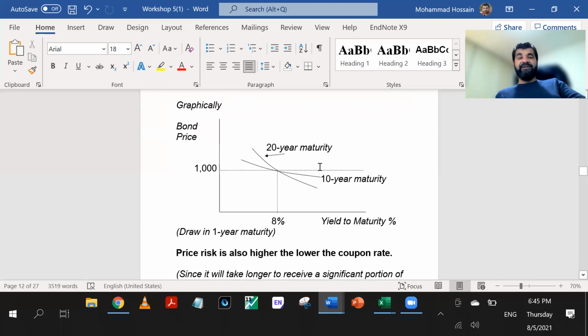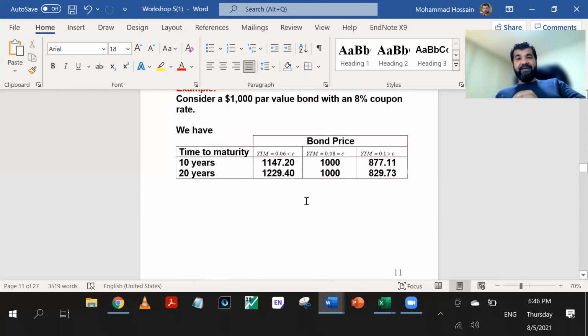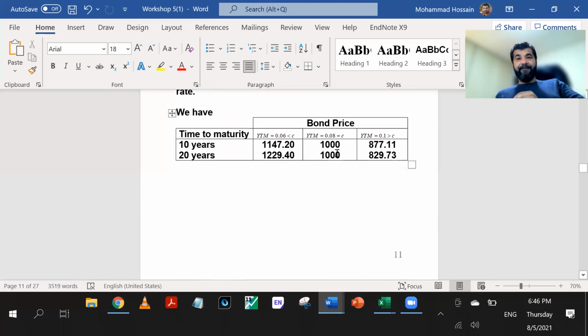This is a graphical presentation they try to show you, with 20 years maturity and 10 years maturity. This side is time to maturity, this side is bond price. So this shows YTM of 8%, equilibrium at an 8% interest rate. What they mean here is that if YTM is equal to your coupon rate, that's the bond price concept.